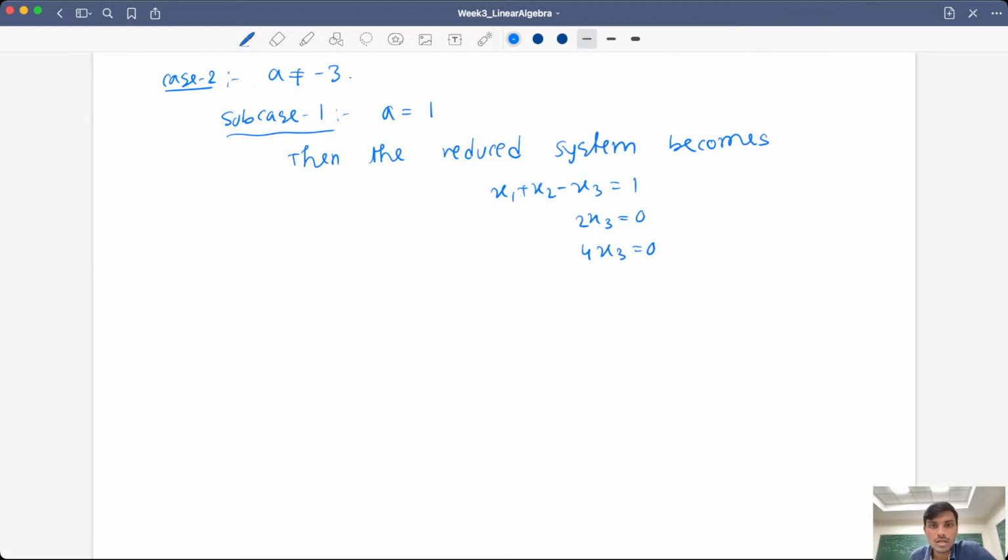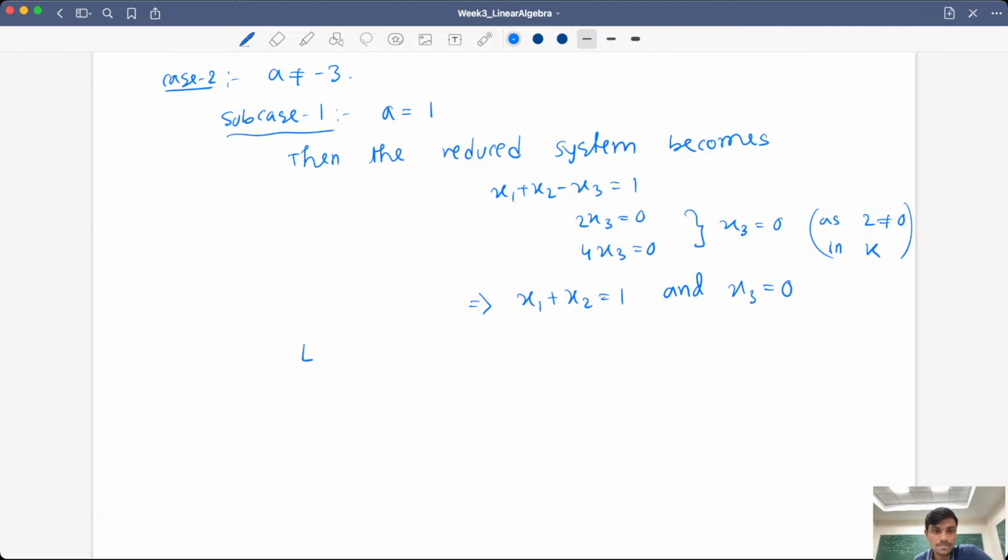But in any case, from these two you get x3 equal to 0, as again 2 is not equal to 0 in k, right? So x3 is 0, so you put x3, and you have that x1 plus x2 equal to 1 and x3 equal to 0. So I can put anything like so.